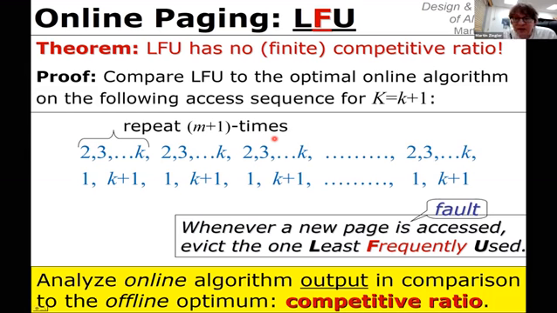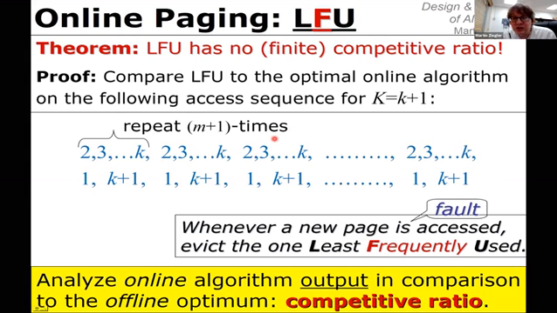And the thing is, with this counterexample sequence, an optimal omniscient offline algorithm knows the sequence in advance. It can look into the future and see that pages 1 and k plus 1 will be accessed repeatedly, whereas none of the pages 2 to k will be accessed, and therefore the optimal offline algorithm will evict a page numbered 2 to k in order to prevent pages 1 and k plus 1 from ever again causing a page fault, whereas the online algorithm cannot predict the future.